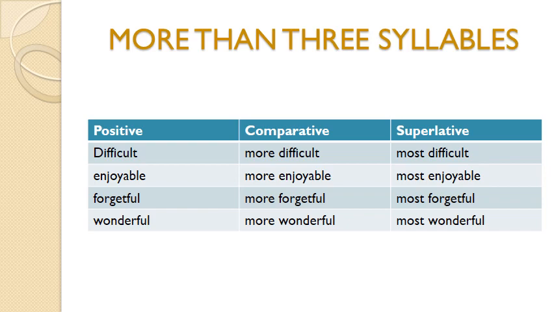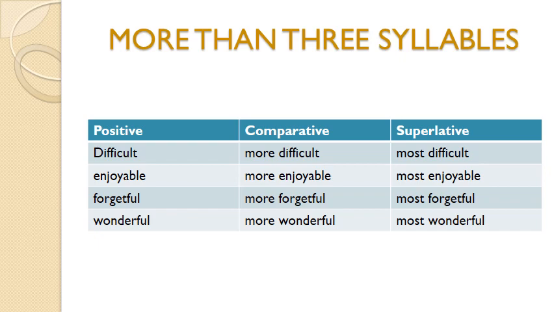Now, when there are more than two syllables, as in difficult, what we have to do is add more before the word to make it into a comparative degree, and most to make it into a superlative degree. So see the example, difficult. We have added more before the word difficult. It becomes more difficult.